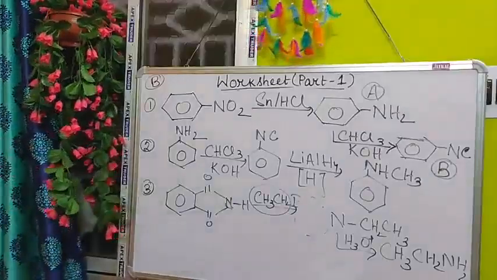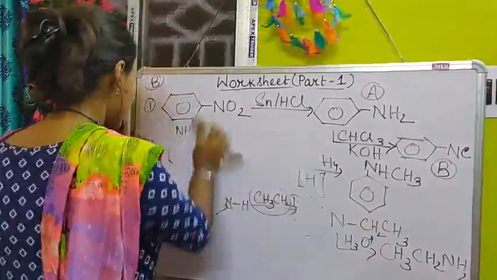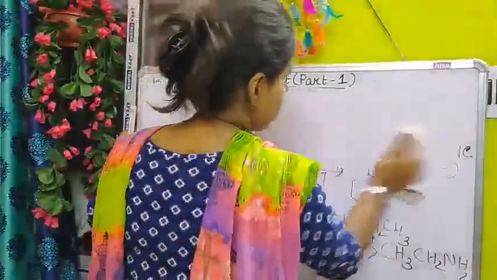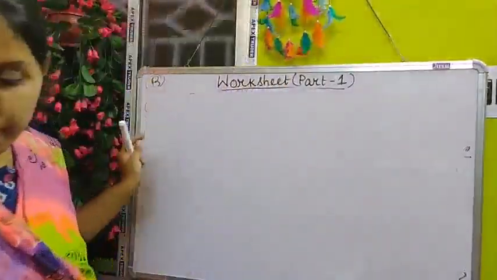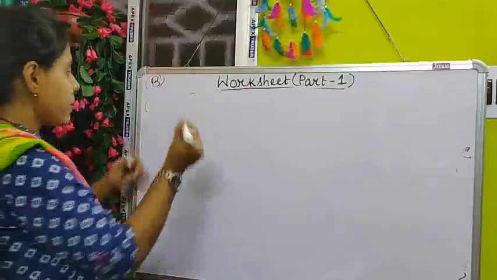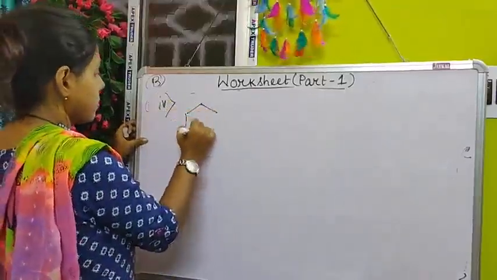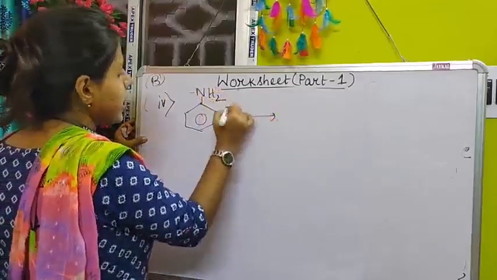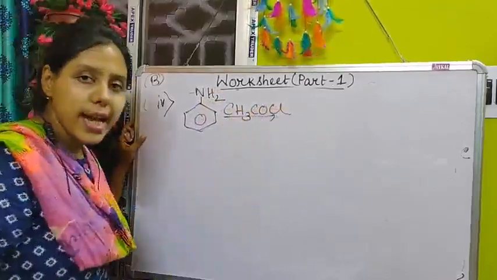Next reaction, number 4. Here aniline is given, then acetyl chloride, CH3COCl, has been added.